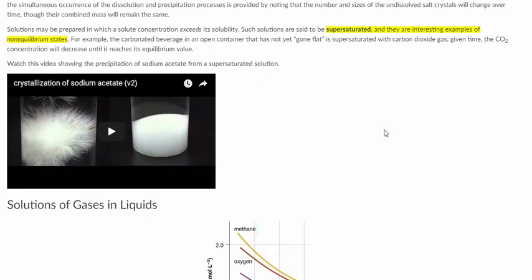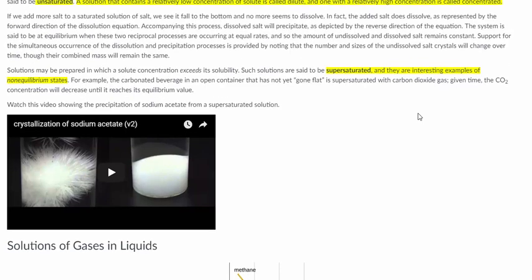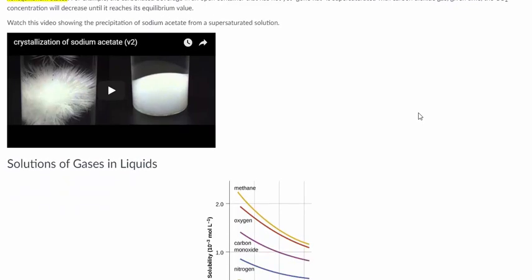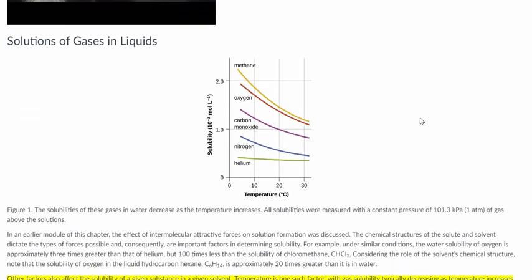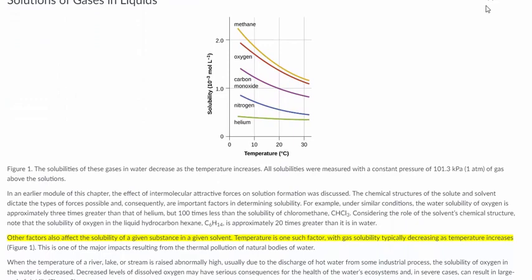Now we can also have gases in liquids, and that particular example leads us to some interesting solubility trends. When we have a gas in liquid, the solubility of the gas in the liquid will decrease as the temperature increases. It's an inverse relationship. The corollary to that is what I just described with the supersaturated solution.